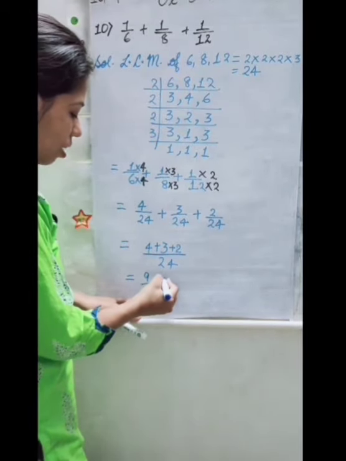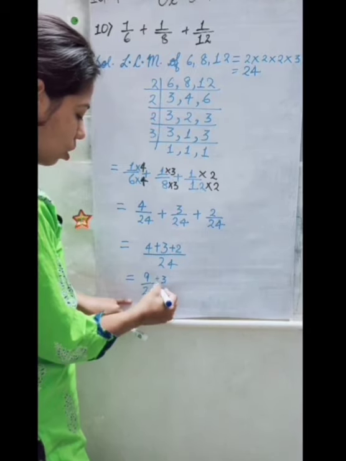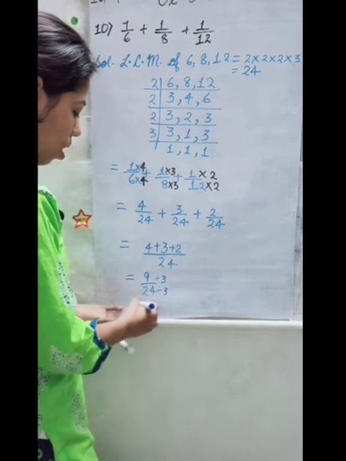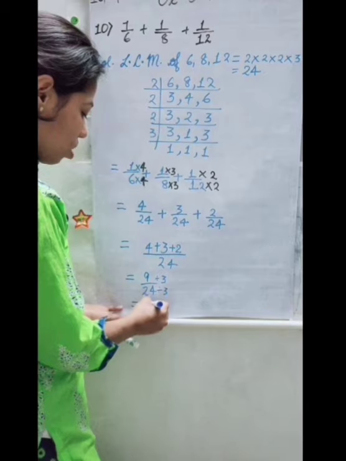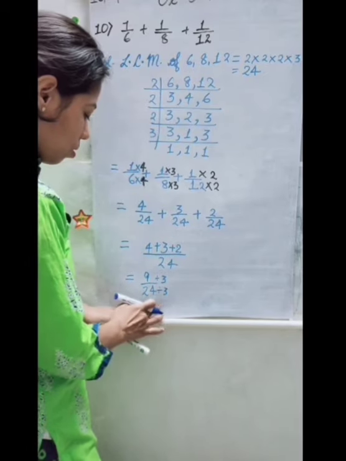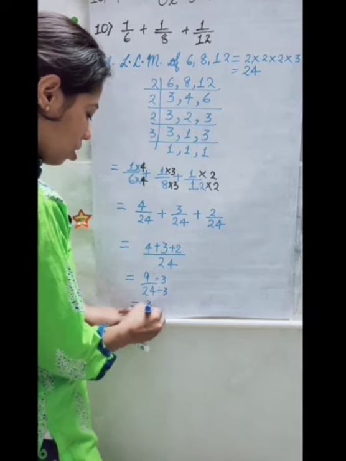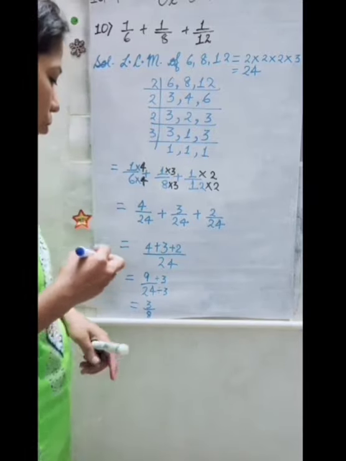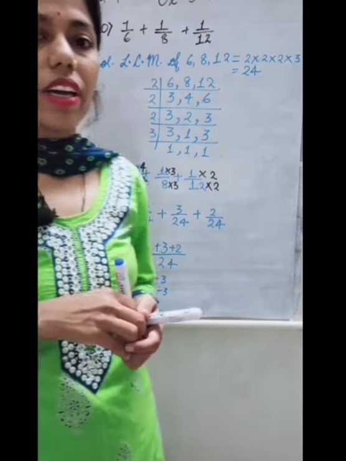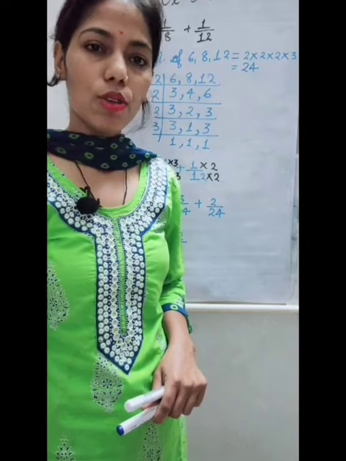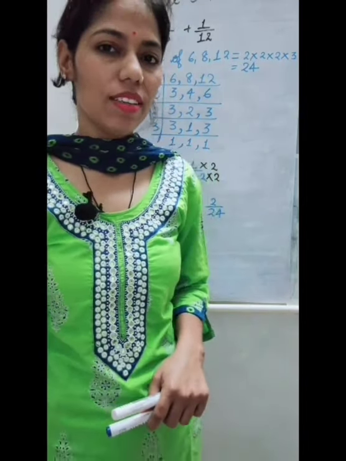How? By dividing this 9 and 24 by 3. After dividing we will get 3 3s are 9 and 3 8s are 24. So here our question A finishes. So let's move to question number B.